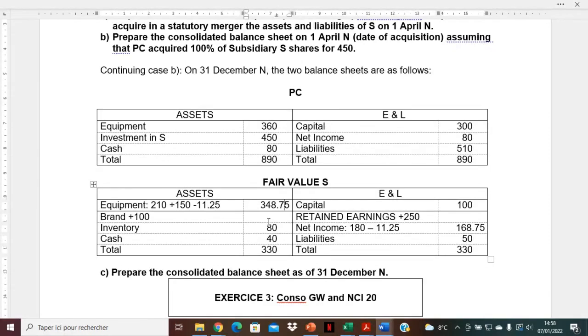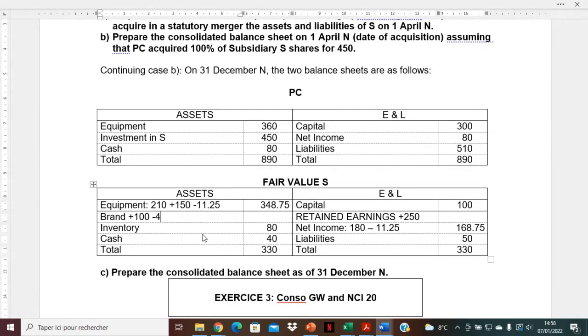Okay. What happened, for example, if we had an impairment on the brand name? So here we don't have one, but assuming we had one, and the brand name was valued 100 when I bought the subsidiary, but many years later, something bad happened with the brand name, and the brand name has lost value, is impaired. For example, impairment of 40.